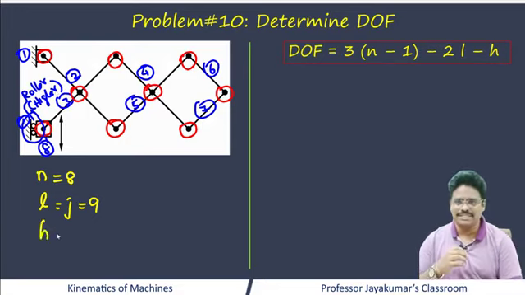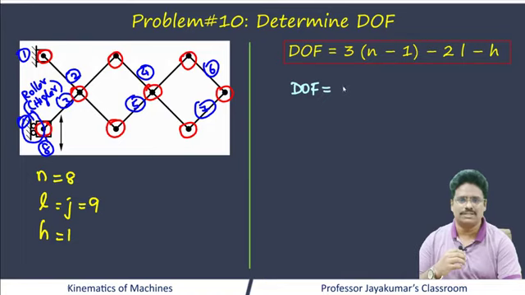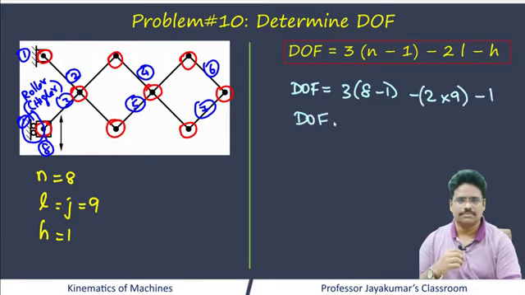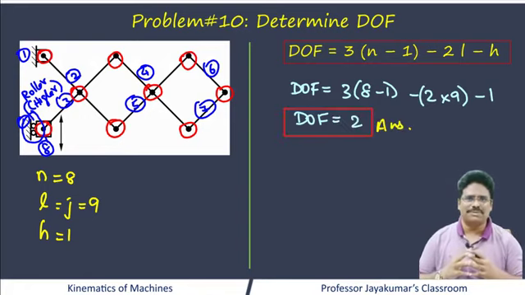Therefore, H is equal to 1. Now I could substitute in the formula 3 into. So for this problem, we are obtaining degrees of freedom as 2.